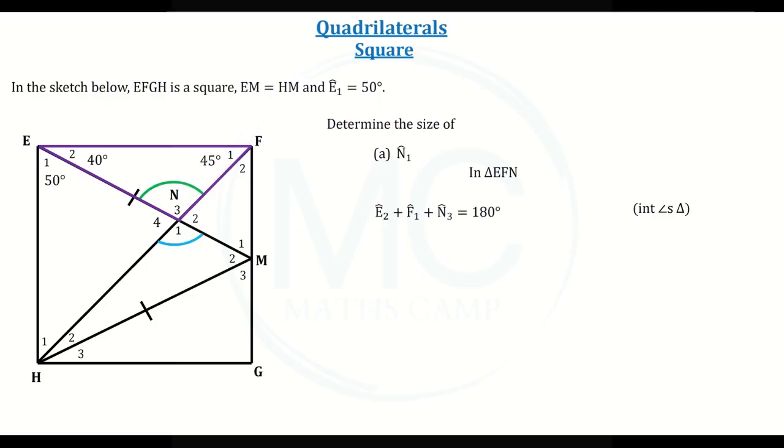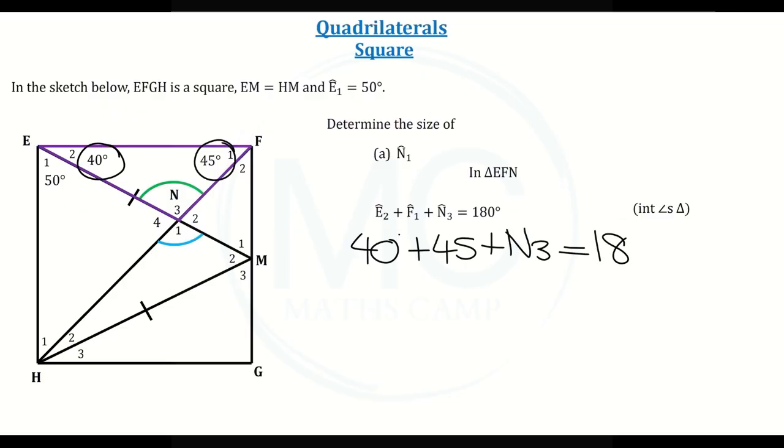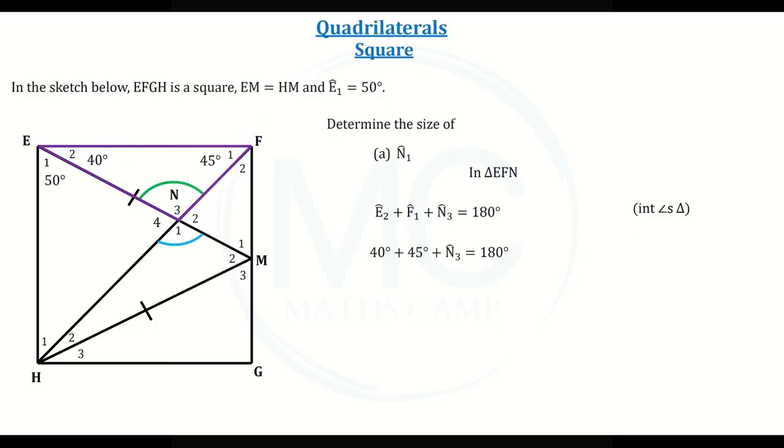We know that E2 is 40 degrees, so we can say 40 degrees, plus we know F1 is 45 degrees, so we say 45, plus the angle we're trying to find, N3, is equal to 180 degrees. And now we can solve for angle N3. 40 plus 45 gives us 85.